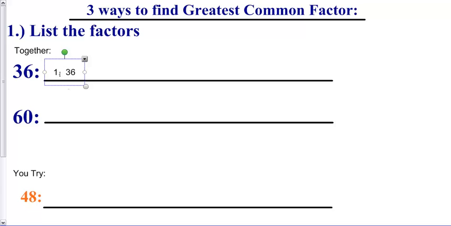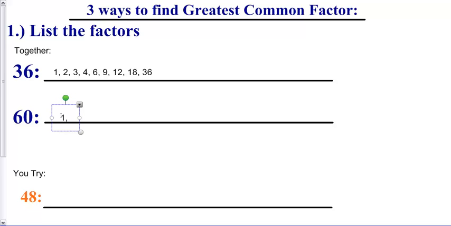Make sure that you give yourself plenty of room in between. 2 and 18, because 36 is even. 3 plus 6 is 9, so 3 and 12. 4, it is divisible by 4. 4 and 9. It does not end in a 0, so 5 doesn't work. And there is a 2 and a 3, so I know I have to have a 6. So here are my factors of 36: 1, 2, 3, 4, 6, 9, 12, 18, and 36.